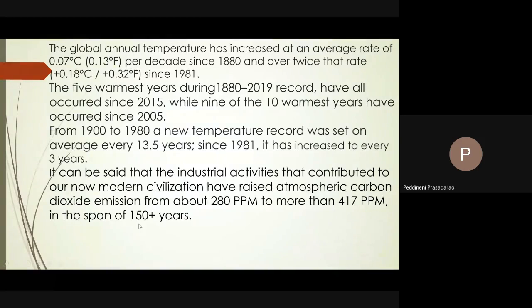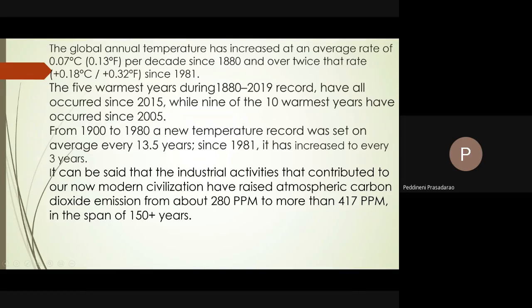Before the industrial revolution, the carbon dioxide concentration was around 280 ppm, and as I said, in May 2020 we recorded 417 ppm. So this is the growth we have seen from 1750 onwards to this date.